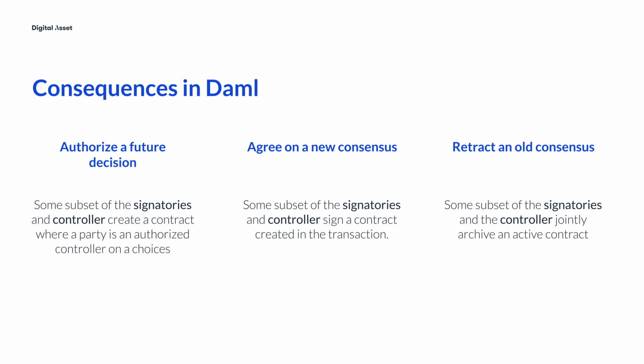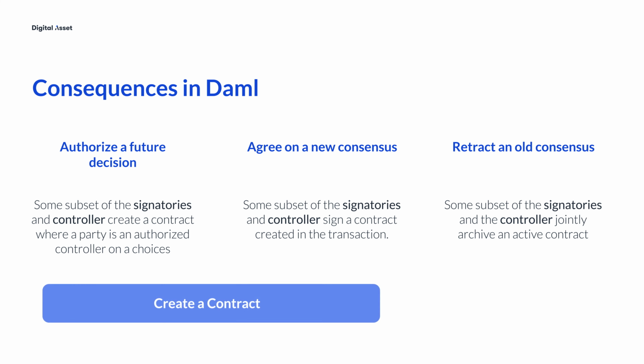In DAML, this is represented by some subset of the signatories and the controller jointly archiving the active contract that represented the old statement of fact. And so we find 2 more core concepts in DAML directly associated with representing decisions: creating contracts and archiving contracts.